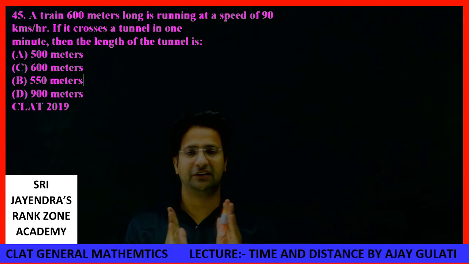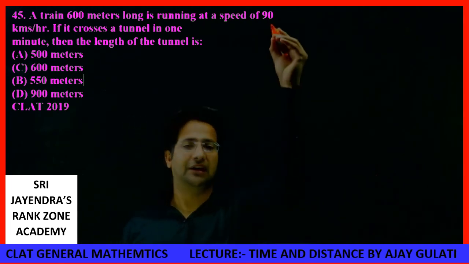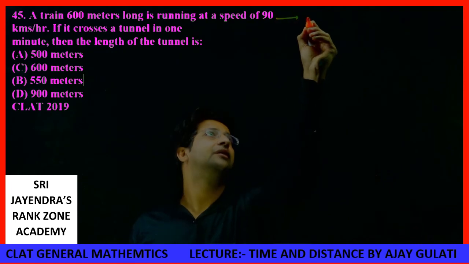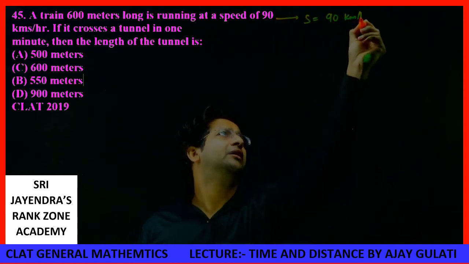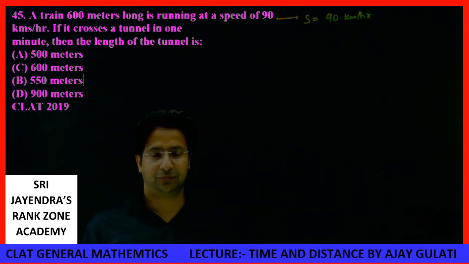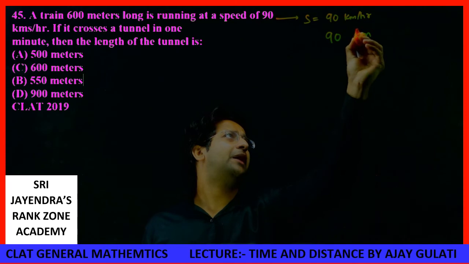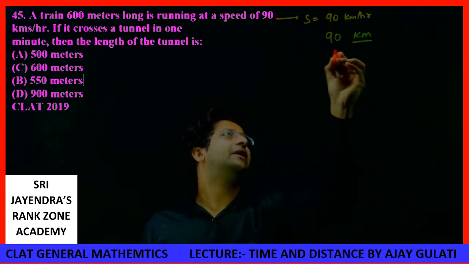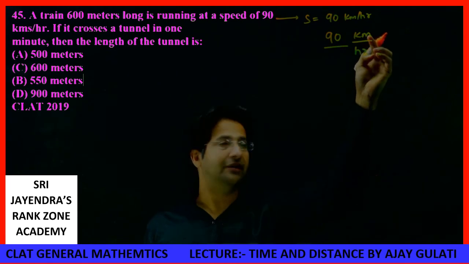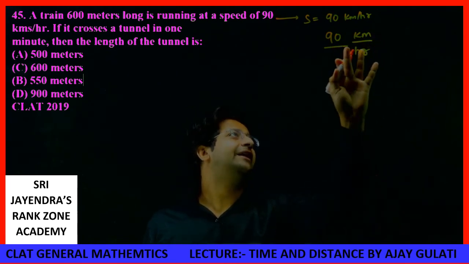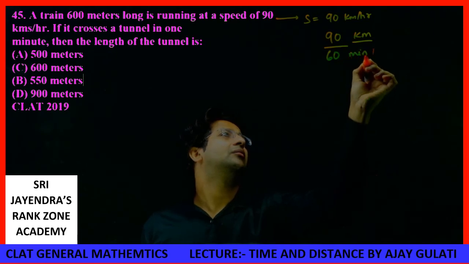A train 600 meter long is running at a speed of 90 km per hour. Let's start with the speed. The speed is equal to 90 km per hour. This is per hour, right? 1 hour is how many minutes? I can write this 1 hour as 60 minutes.